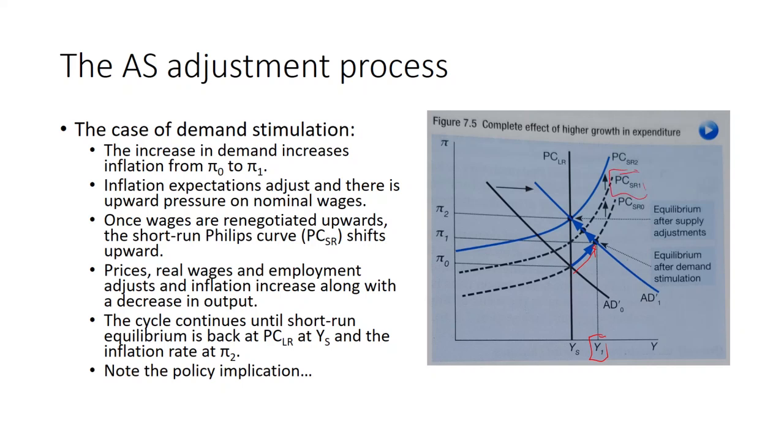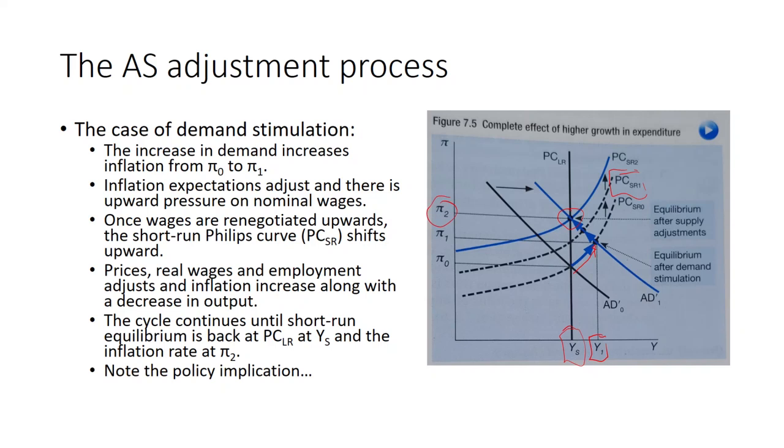And there's another round of this process of the current inflation rate being higher than the expected inflation rate, again feeding into wages and contracts and prices and pushing up your short-run Phillips curve again until you're back at the long-run equilibrium level of output YS and the new inflation rate of pi 2.